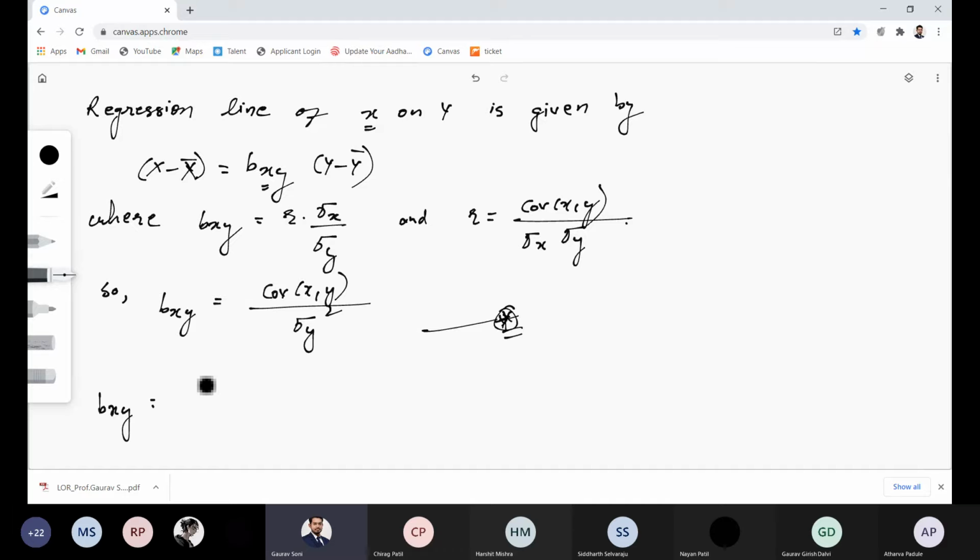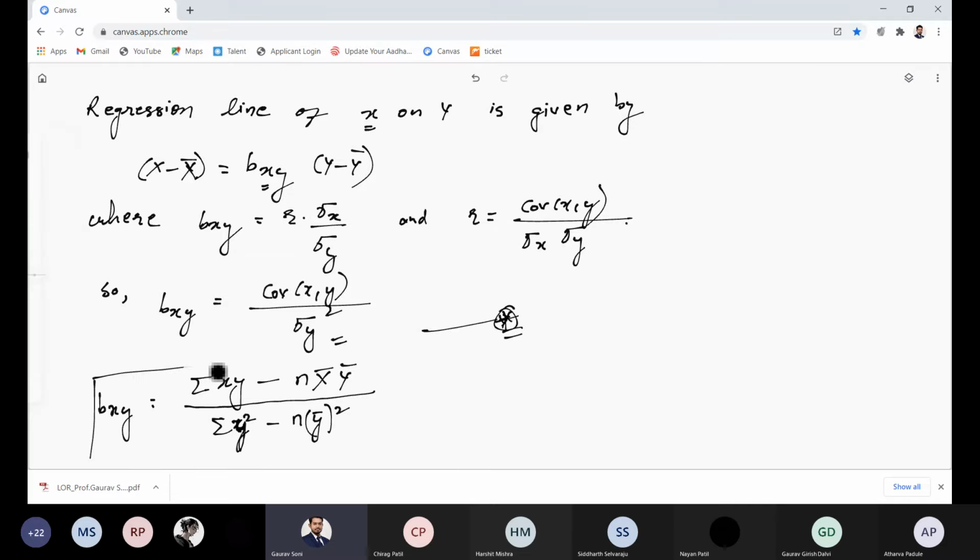So this will be equal to summation xy minus n times x bar y bar upon summation y square minus n times y bar square. Look, this has happened because there is sigma y square in the denominator.